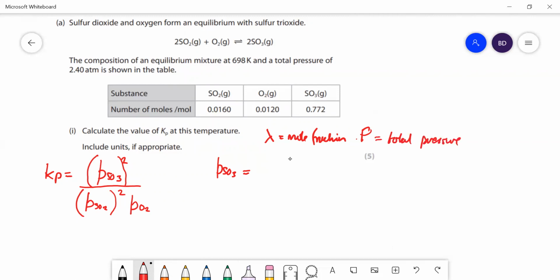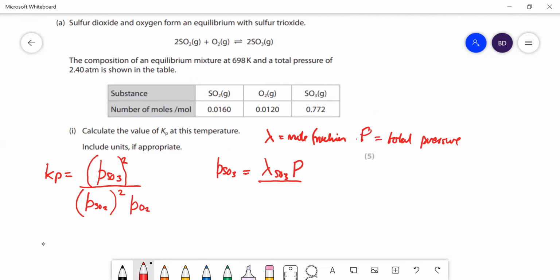So we've got partial pressure of SO3 is the mole fraction of SO3 multiplied by the total pressure P.